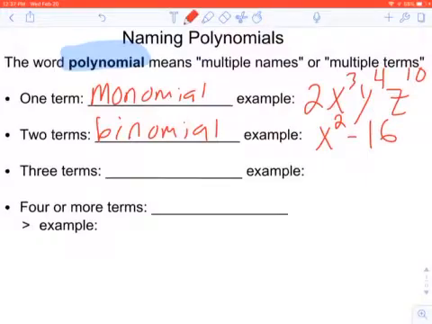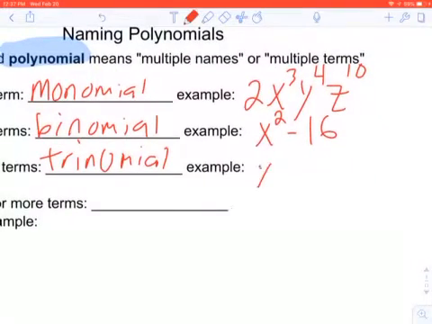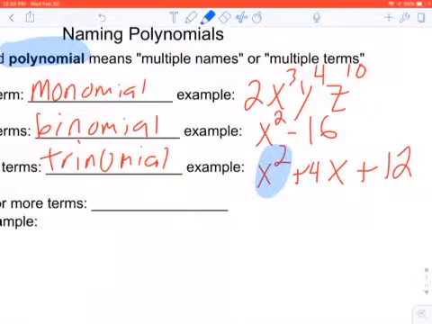And then 3 terms would be a trinomial. We've worked a lot with trinomials. Most standard form, x squared plus 4x plus 12. That's an example of a trinomial because it is 1 term, 2 terms, and 3 terms.